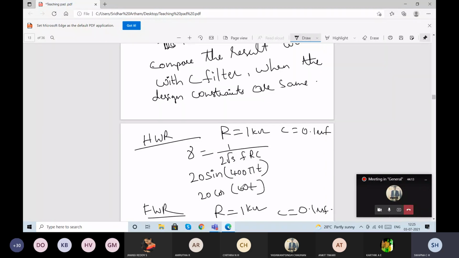In place of omega you have this 400 pi. 400 pi is omega, which is 2 pi f. So f will be equal to 400 pi divided by 2 pi, so it is 200. So f is 200. Substitute all the values in this equation so that you get the gamma value.